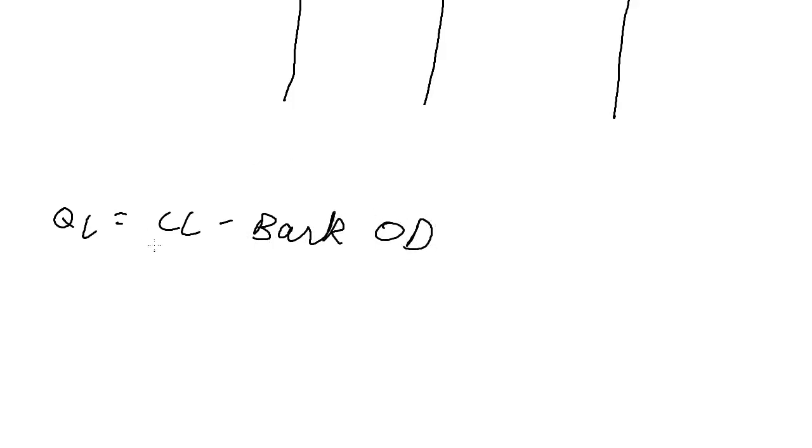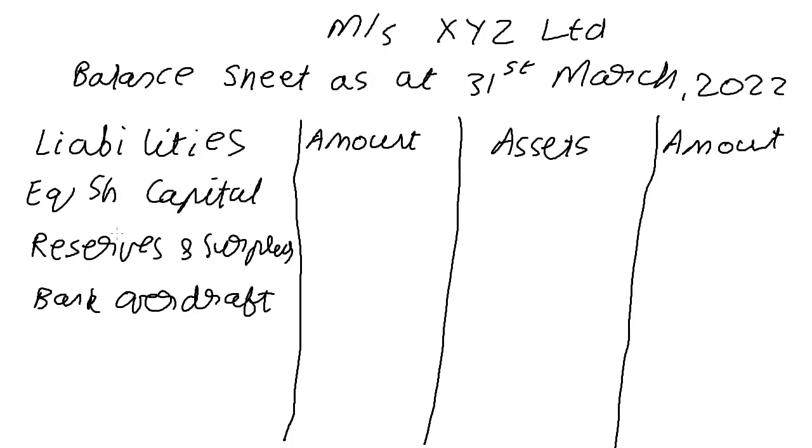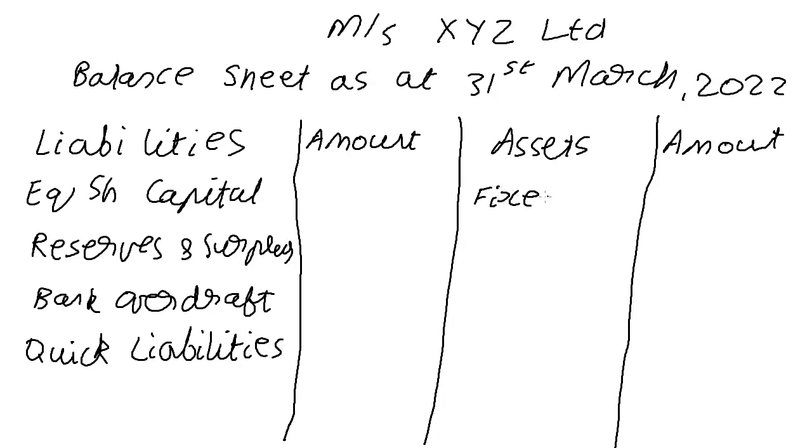So I can take whatever has been given to me as bank OD, subtract, and I'll get what is left as quick liabilities. Or you can write other current liabilities also. It doesn't really matter as long as this balance sheet tallies. Now on the asset side, I have fixed assets and current assets.